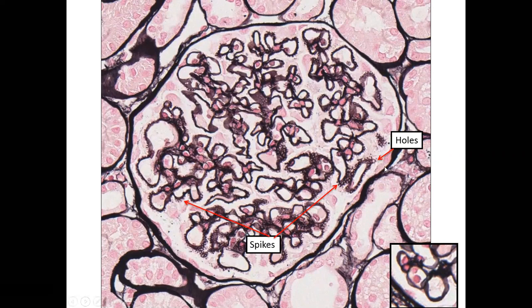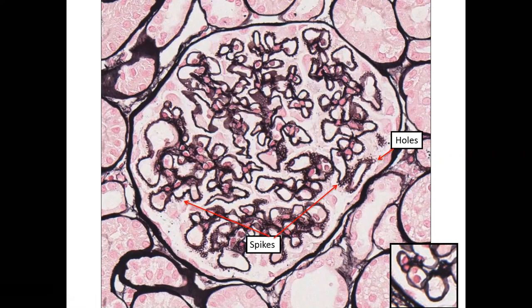Yes, so if the holes show that there's going to be immune complexes there, and then you have this remodeling towards the podocyte surface. So remember back to your physiology classes that GBM is synthesized both by the endothelial cells and the podocytes. So both cells are producing GBM, and there's a lot of turnover over the course of your life.